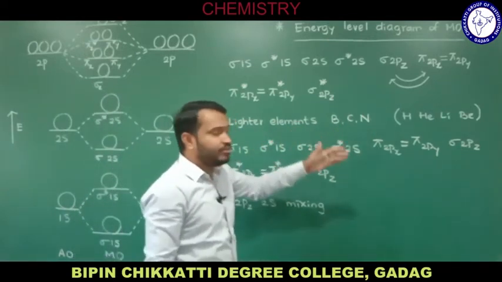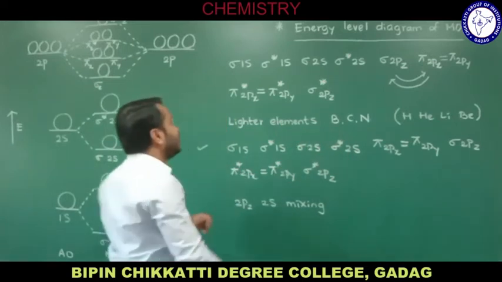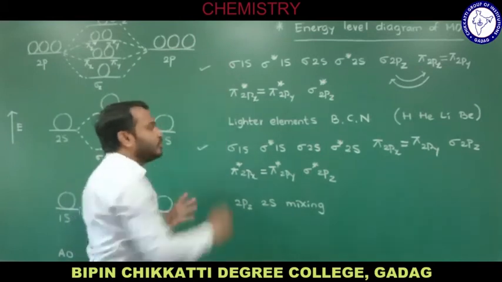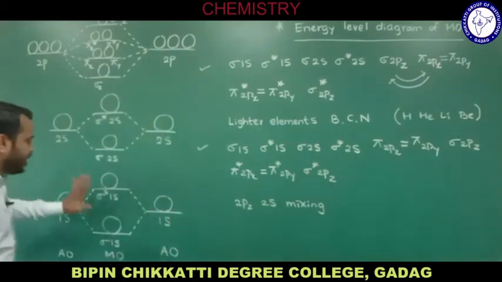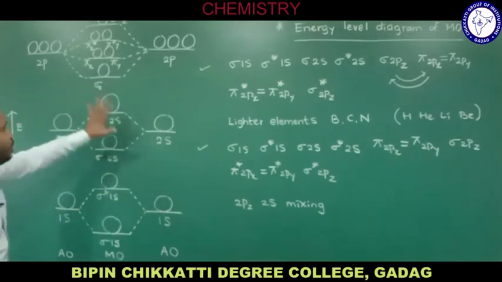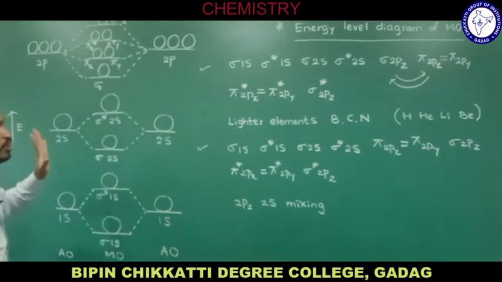And after nitrogen we have oxygen, fluorine, neon, and remaining all these, this is the energy sequence you need to consider. In one very simple manner I will tell you, 1s will be same and 2s molecular orbital will be same, and the only change we are going to observe is in 2p molecular orbitals.